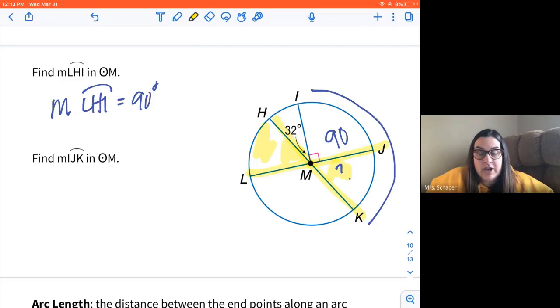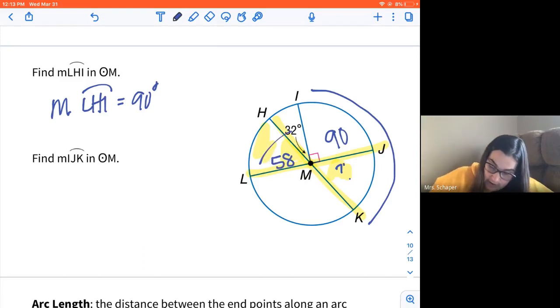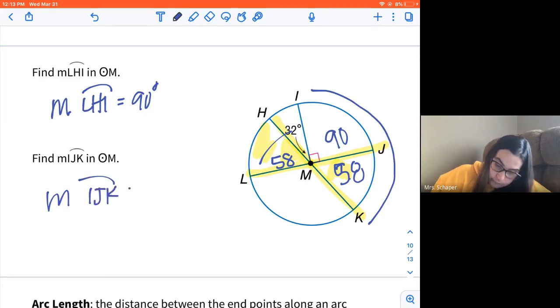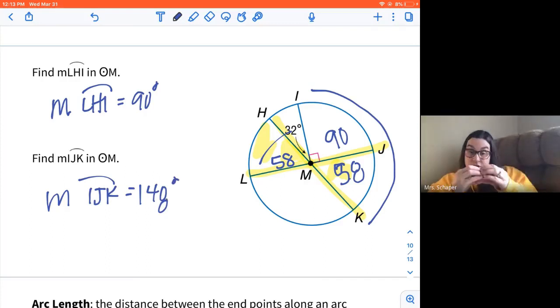If angle HMI is 32, then HML needs to be 58 because together they're a right angle. That makes this angle 58 because it's vertical angles. So the measurement of arc IJK is equal to 148 degrees. And again, your central angle and your arc measurement are the exact same thing.